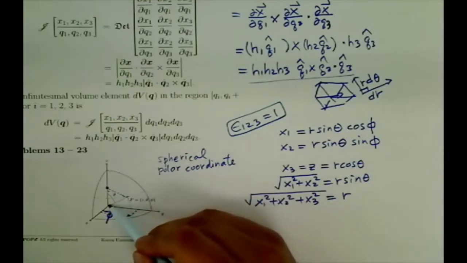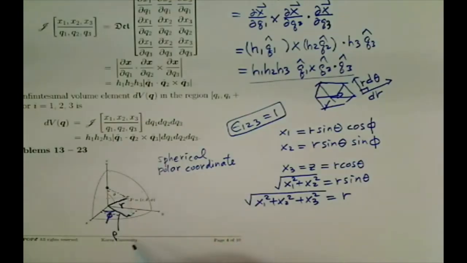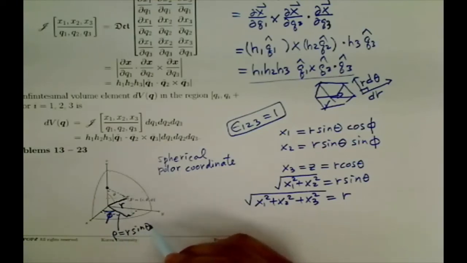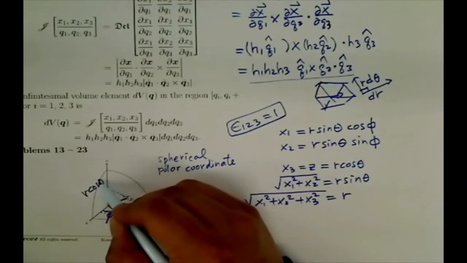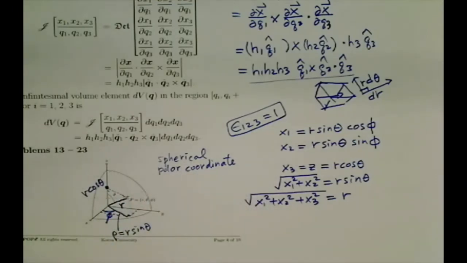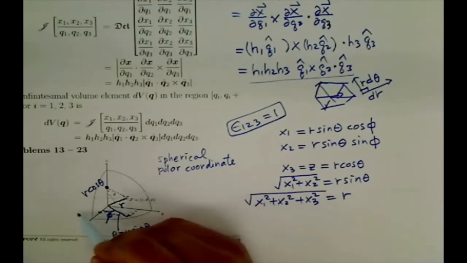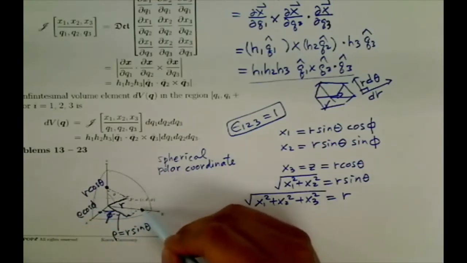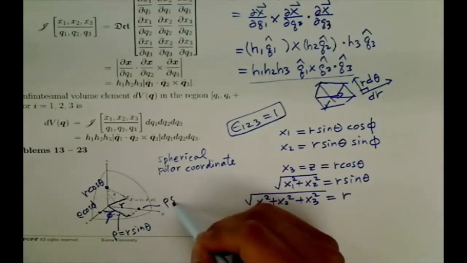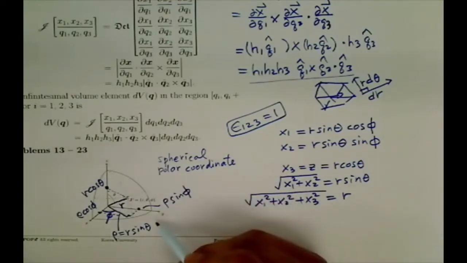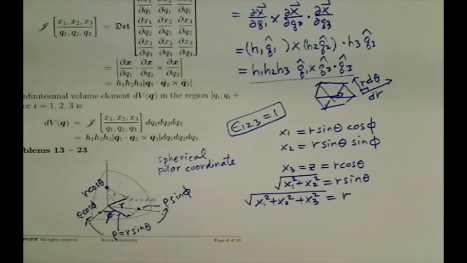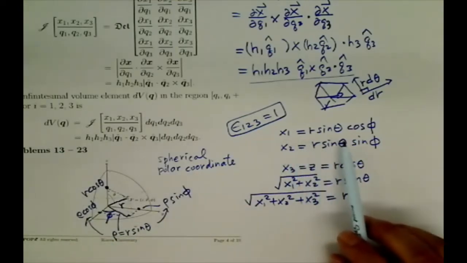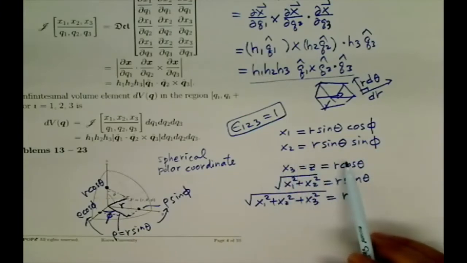This is the radius r, and the projection of r onto the xy plane is rho, and rho is r sine theta, and this z component is r cosine theta. Then the x component is rho cosine phi, and the y component is rho sine phi. If we substitute rho as r sine theta, we have x1 equals r sine theta cosine phi, x2 is r sine theta sine phi, and x3 is z, r cosine theta.